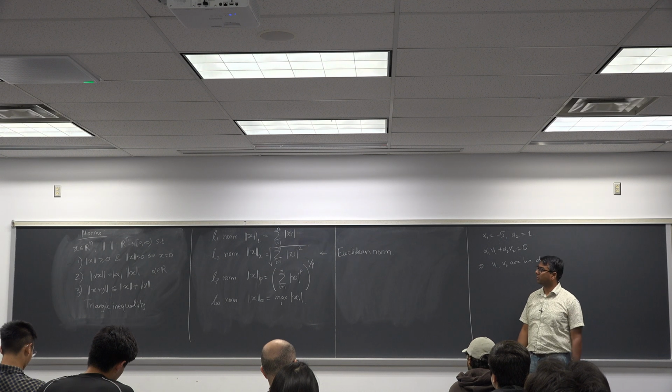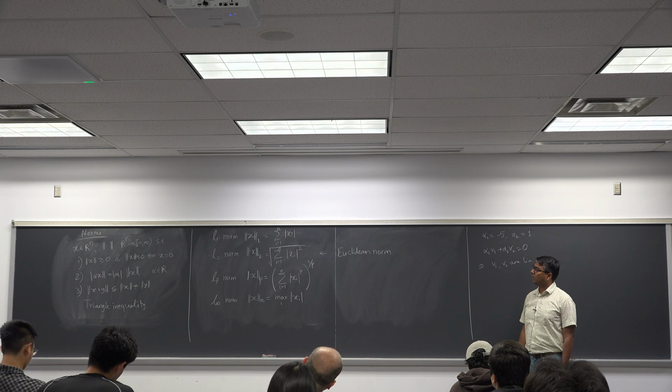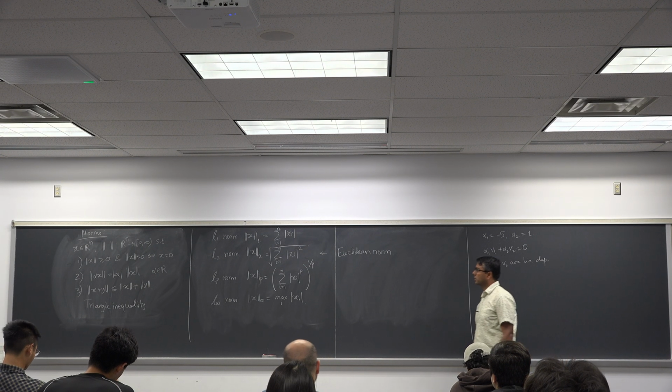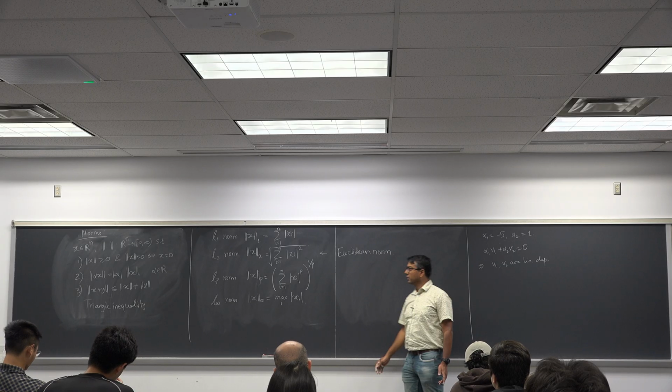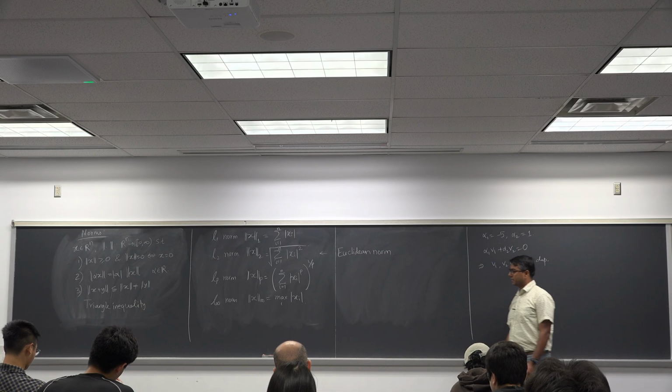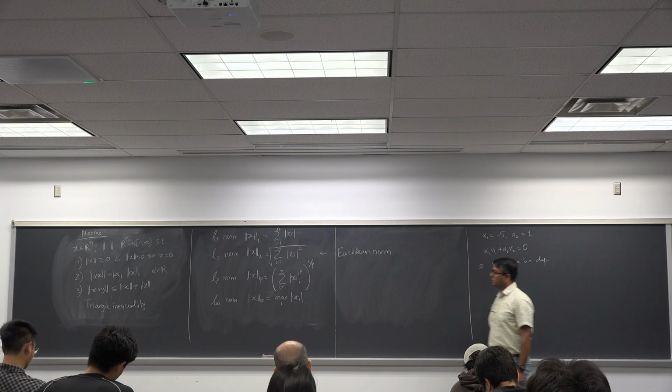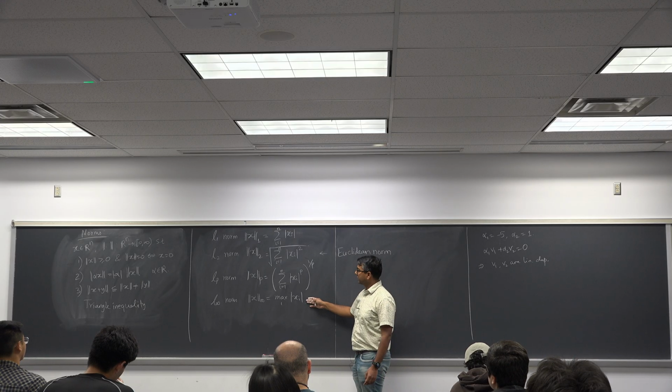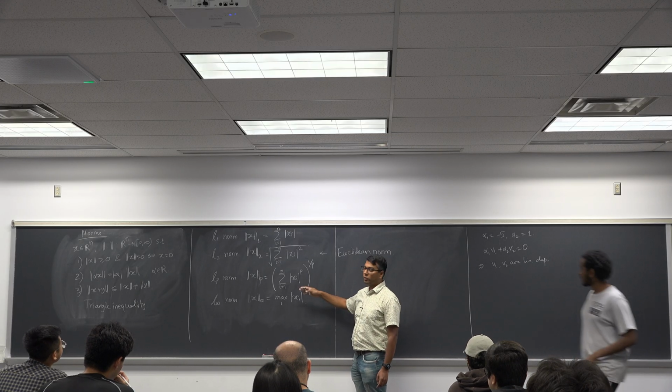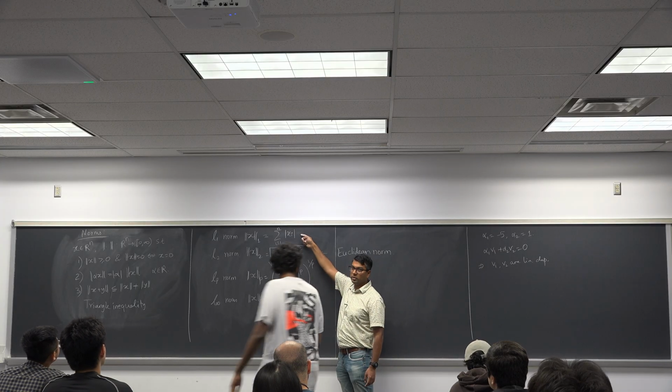A lot of people use it on a day-to-day basis. But in this particular class, we'll worry about other norms as well, as and when the situation arises. The L infinity norm is used heavily in dynamic optimization. If you were doing signal processing, the L1 norm is used heavily.